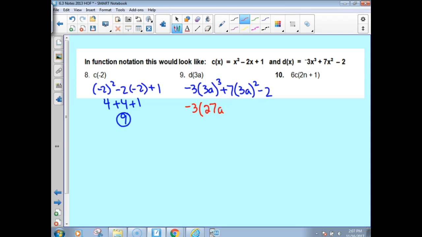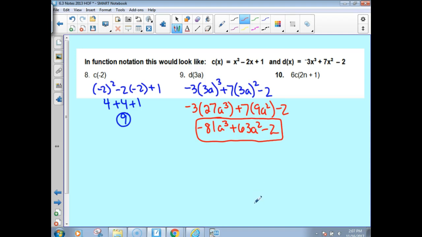So this would be 27a to the third, plus 7 times, and now I'm going to square 3a, which would be 9a squared, minus 2. Can't really do this with your calculator, except the number part. Negative 3 times 27 is negative 81, so we got negative 81a cubed, plus 63a squared, minus 2. And now we're done.